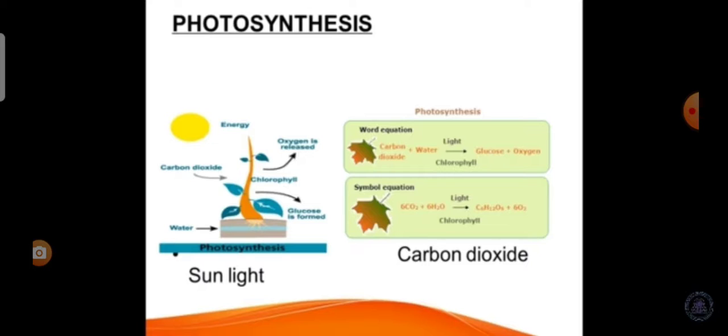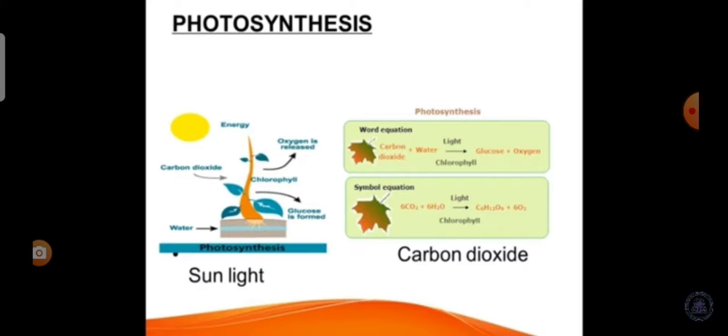The overall reaction is 6 CO2 plus 12 H2O, with the help of sunlight and chlorophyll, gives C6H12O6 glucose plus 6 molecules of water and 6 molecules of oxygen. The end product of photosynthesis is glucose, which will be converted into starch and stored in the plant body.